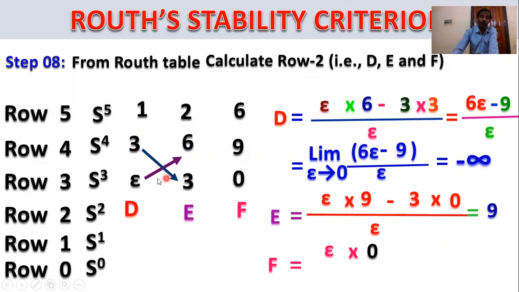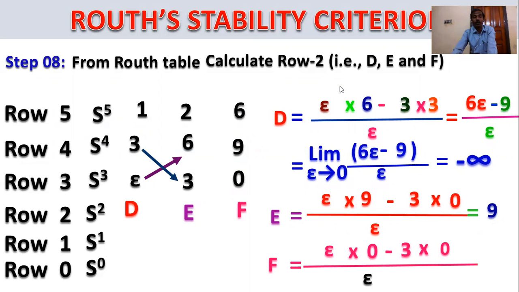F equals 0, because it is epsilon into 0 minus 3 into 0, divided by epsilon, and this magnitude equals 0. So F equals 0.